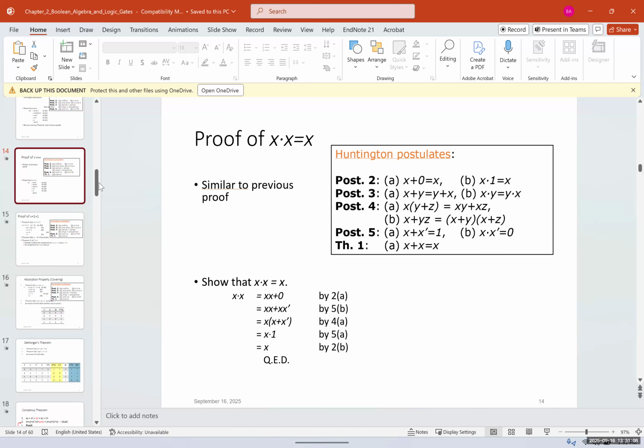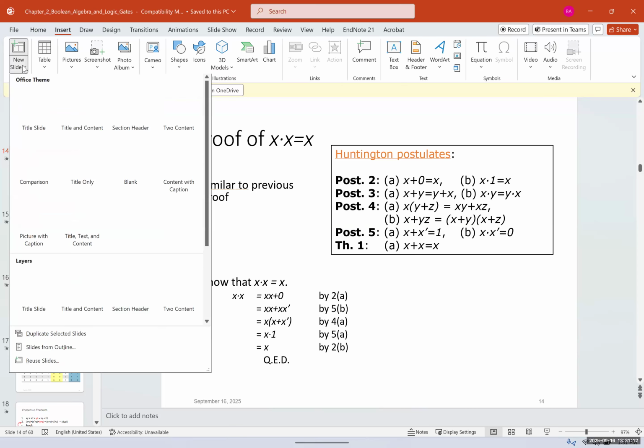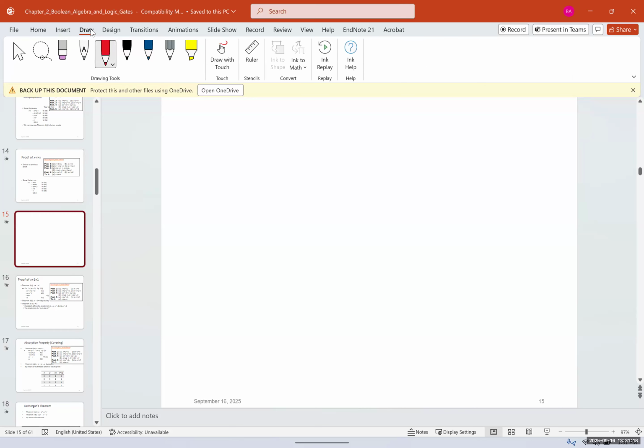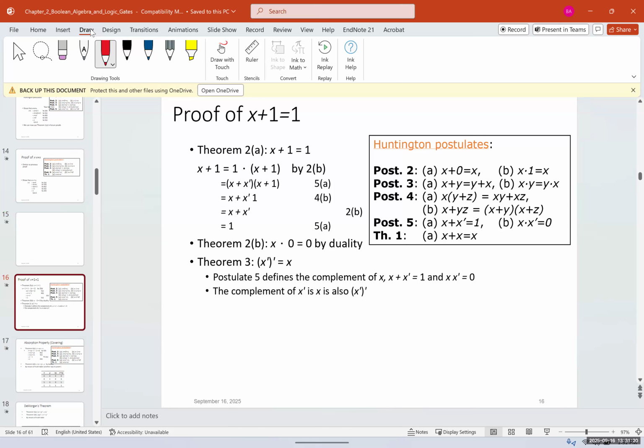So let's solve a practice problem. Oh, let's do the last proof and then we will go to the practice problem. So this one, we want to prove that x plus 1, or x or with 1, gives us 1.